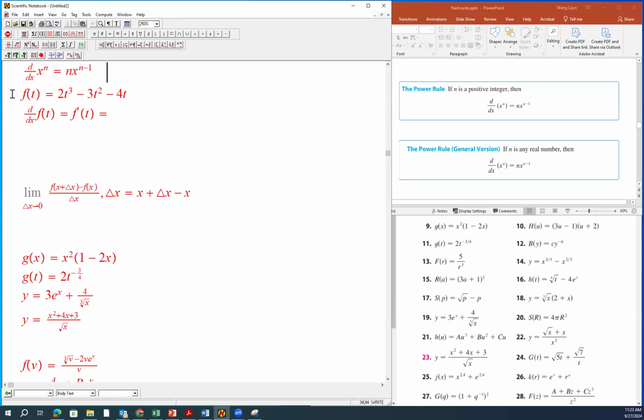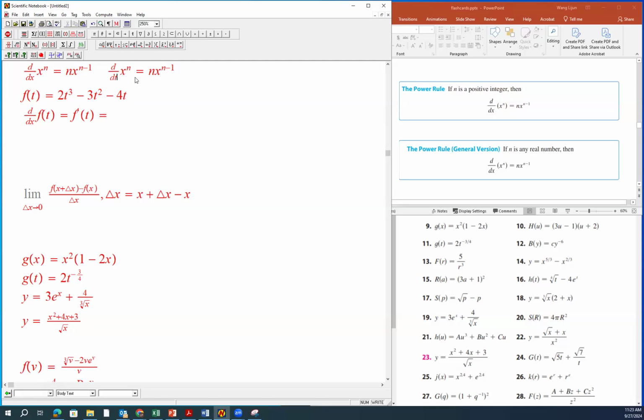So we often see these changes, depending on the situation. If this is t, and this is t, and this is t, you can just change to any variable you want. But one thing is certain: we can change the different variables, but there are three places that must be consistent.